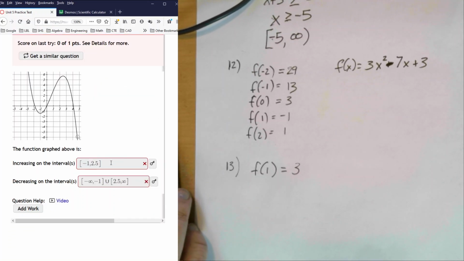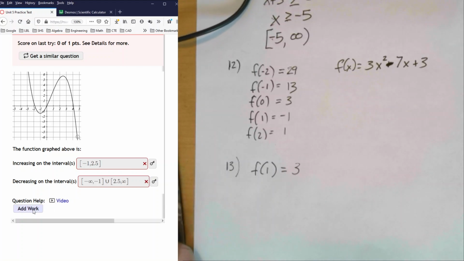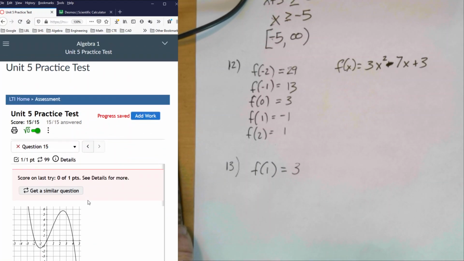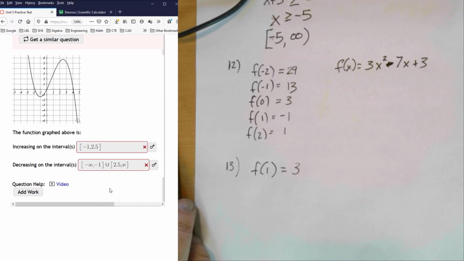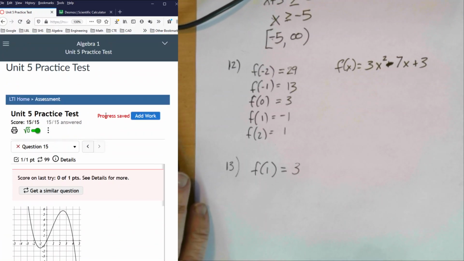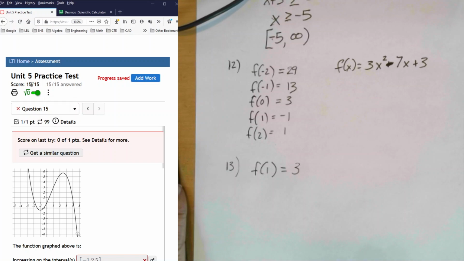And it does. So we want to make sure that those are round brackets. Since I'd already submitted a correct answer, it didn't actually mark it wrong, but you can kind of see the result there. Okay, so that's all for that practice test.